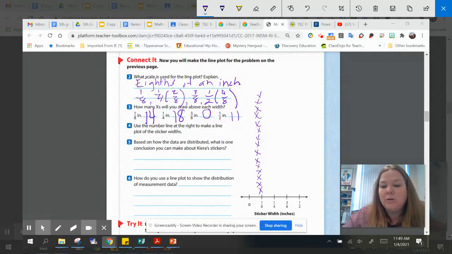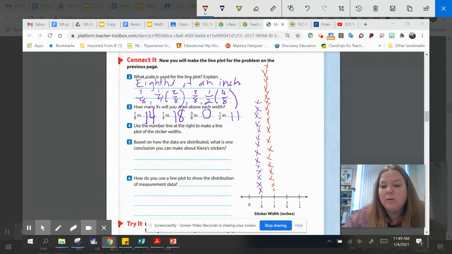1, 2, 3, 4, 5, 6, 7, 8, 9, 10, 11, 12, 13, 14. Ah, man, I counted one too many. So I need to just erase that top one. Okay. Now, the next one, 1/4 of an inch, has 18. 5, 6, 7, 8, 9, 10, 11, 12, 13, 14, 15, 16, 17, 18.